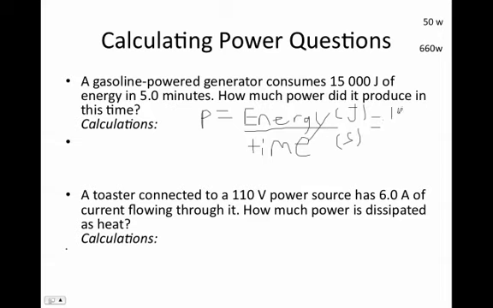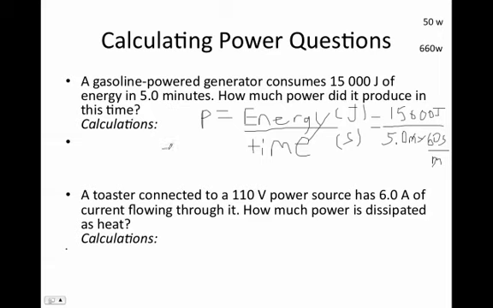We have an energy in joules, that's 15,000. And we have a time, we can put that in the denominator. That's 5.0 minutes. But then we also need to multiply by 60 to get it into seconds, because that's 60 seconds per 1 minute. And we can get rid of our minutes.